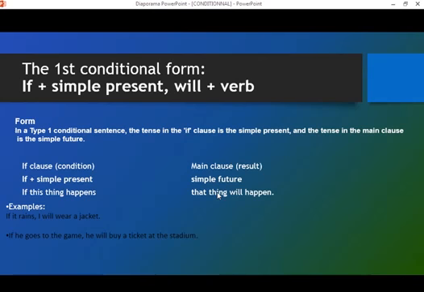If this thing happens, that thing will happen in the future. Other examples: if it rains, I will wear a jacket. This is in the future. If he goes to the game, he will buy a ticket at the stadium.